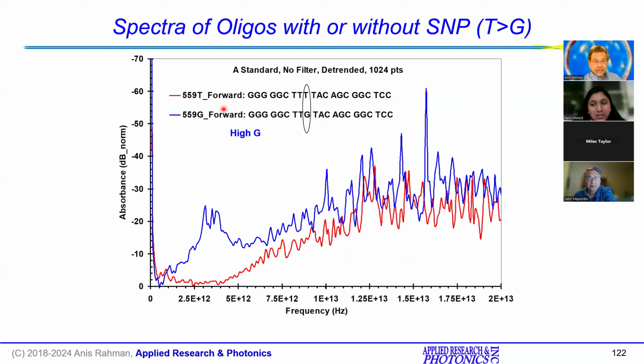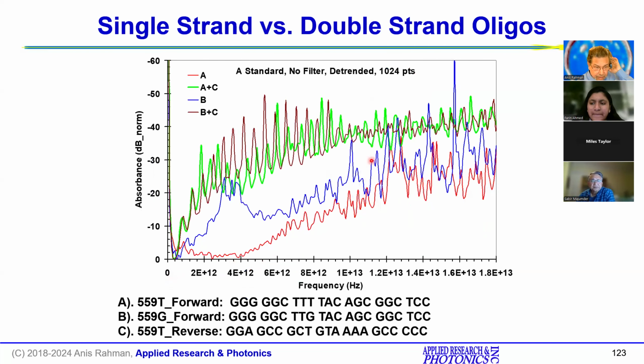So this is a G mutation, for example. And in the paper that we have seen, how is the absorption of individual oligos or oligonucleotides? I would love to share that paper with you, but I don't have any reference here, do I?